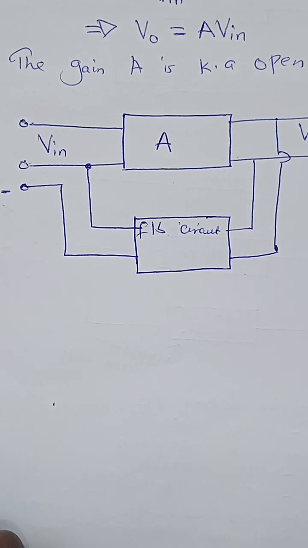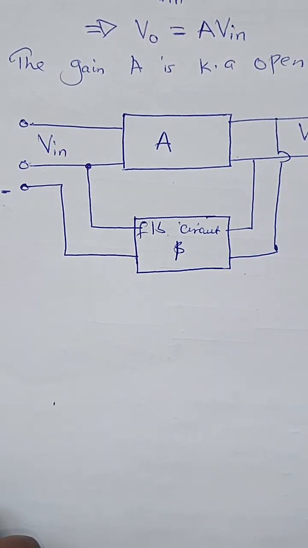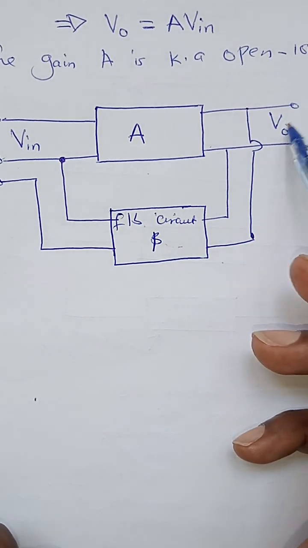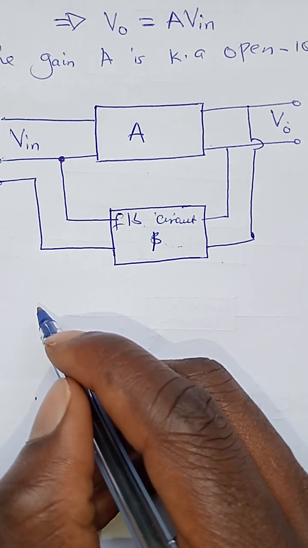Now, a fraction beta, we can call this one beta, of the output voltage is applied to the input. So beta of the output voltage Vo is applied to the input voltage, which therefore becomes the new input voltage.